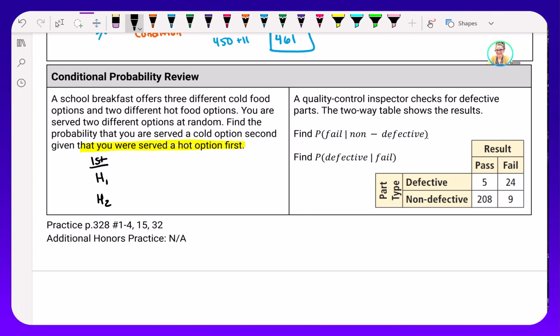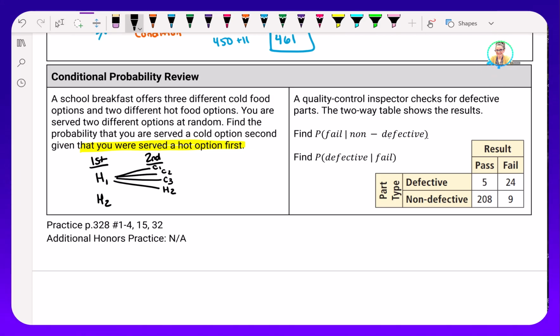Now, on that second choice, I'm not going to repeat the hot option 1 or 2. So I've got 3 different cold foods: cold 1, cold 2, cold 3, but I could be served the second hot option. I just don't want to repeat the same food again.